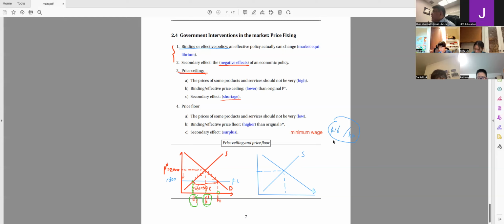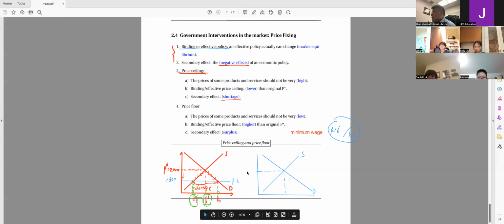I remember 7 or 8 years ago, the minimum wage in Vancouver was only $10 or $9. This is a good example of a so-called price floor policy. A price floor is the minimum price a good or service can be traded at, regulated by the government.